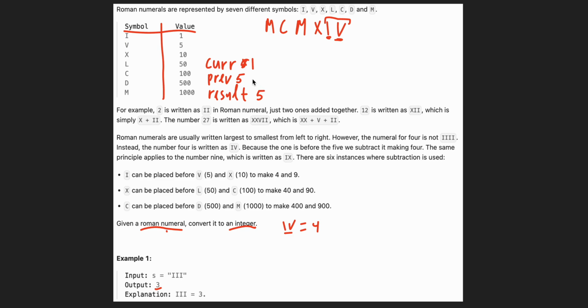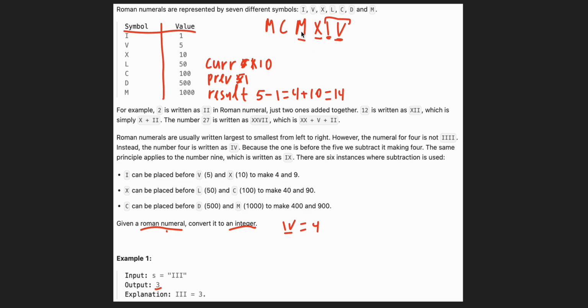So we are subtracting from our result, minus 1 our current, it becomes 4, and now our previous is 1, right? Now let's go to the next character, which is 10. 10 is more than previous, more than 1, so we are just adding that to our result. We are adding 10 here, so it becomes 14, and we are moving to the next one, right?